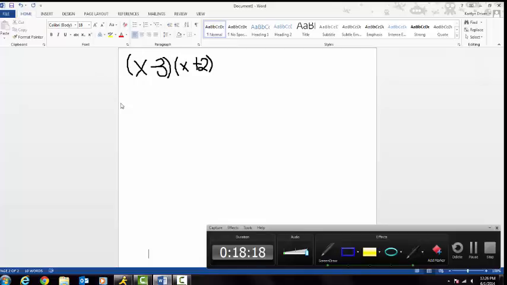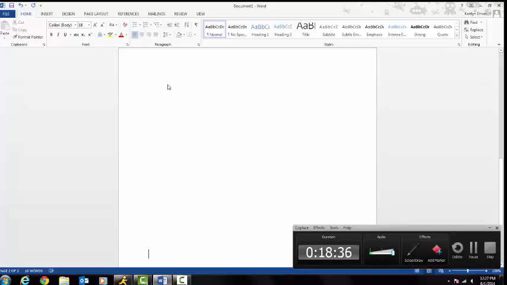Correct. Okay. So here we're going to use our distributive property. And I'm going to rewrite this so it's a bit neater. We have x minus 3. Here's what we're going to do. We are going to type it on here. X minus 3 times x plus 2.